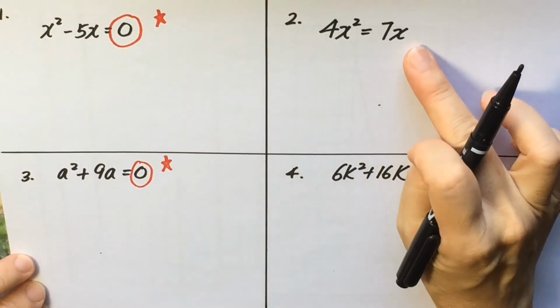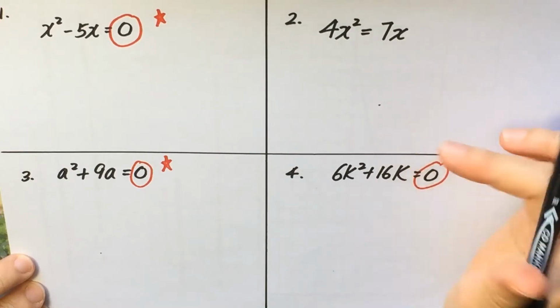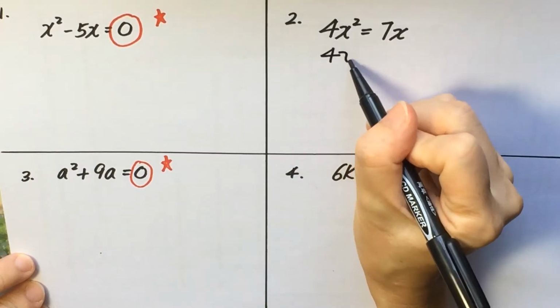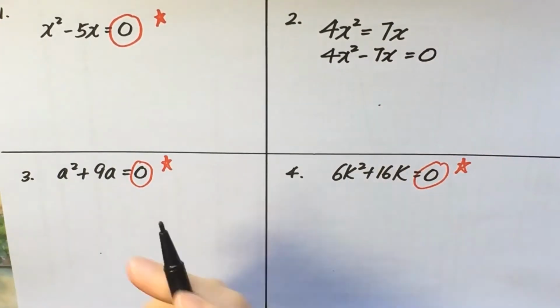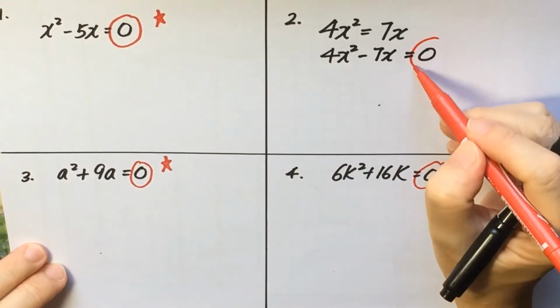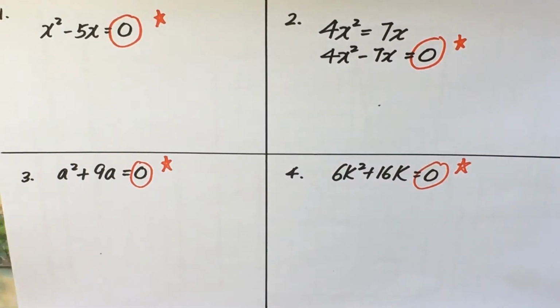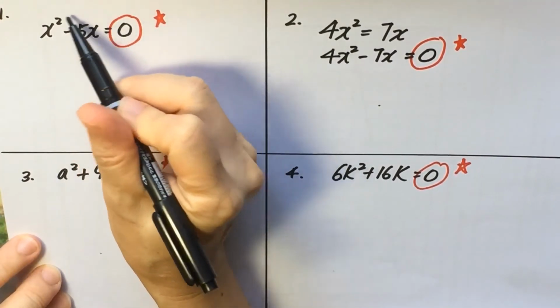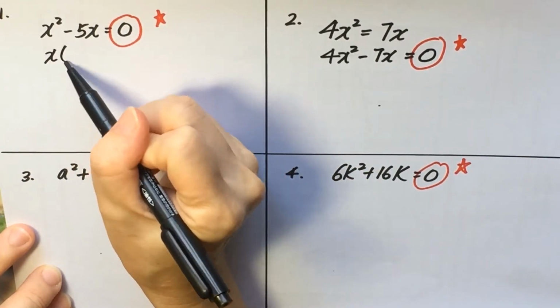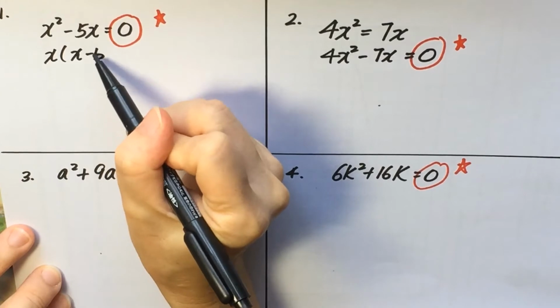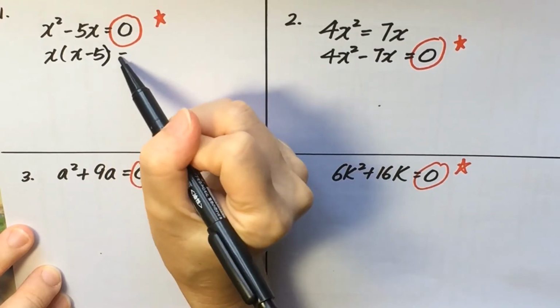Okay, this one, it is not 0. So we can do one more step by moving the 7x to the other side, or you can say subtract 7x from both sides so that all of them are 0 now. So when all of them are 0, you see I factorize this left hand side. x is the common factor, so x is taken out.